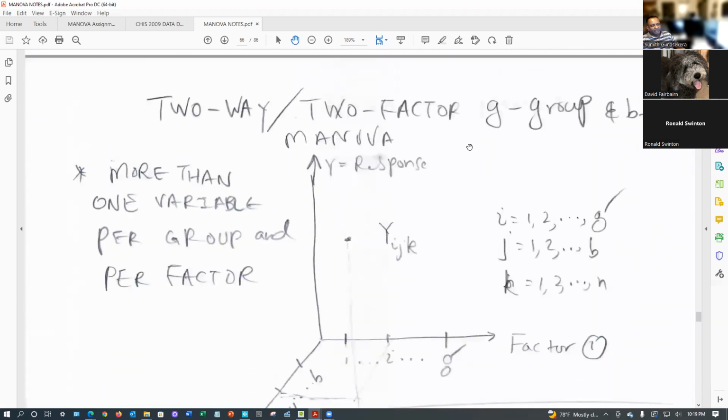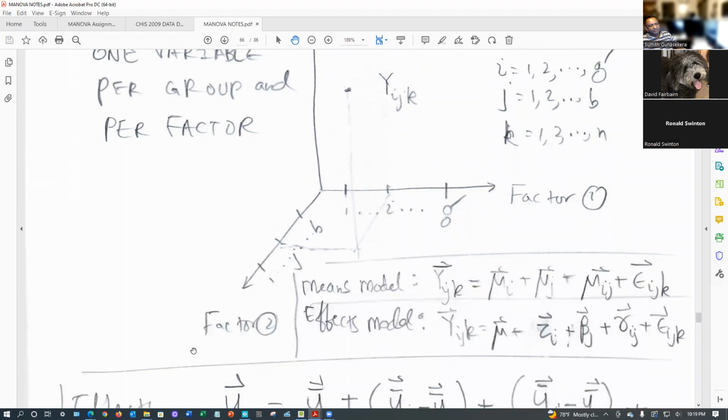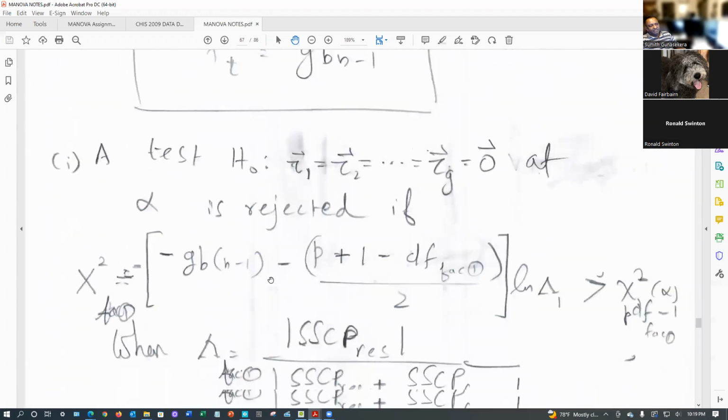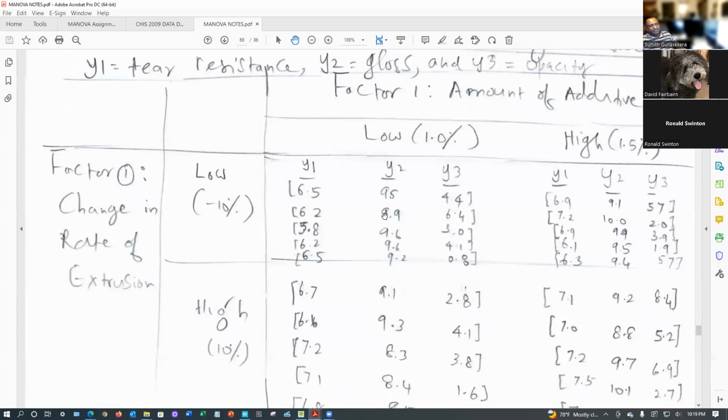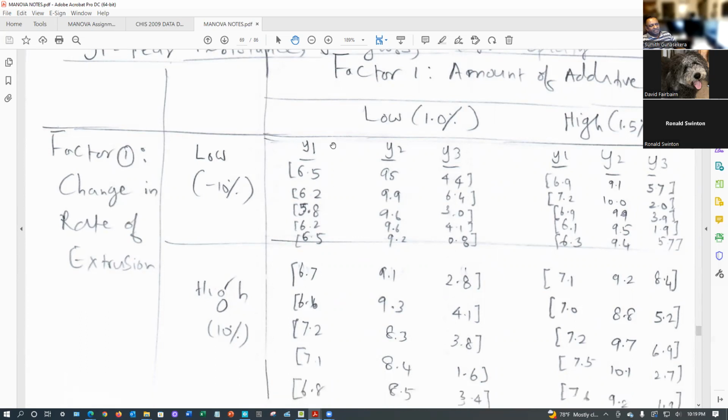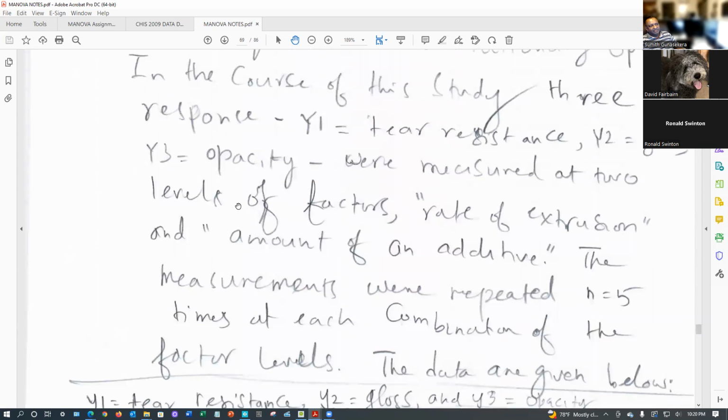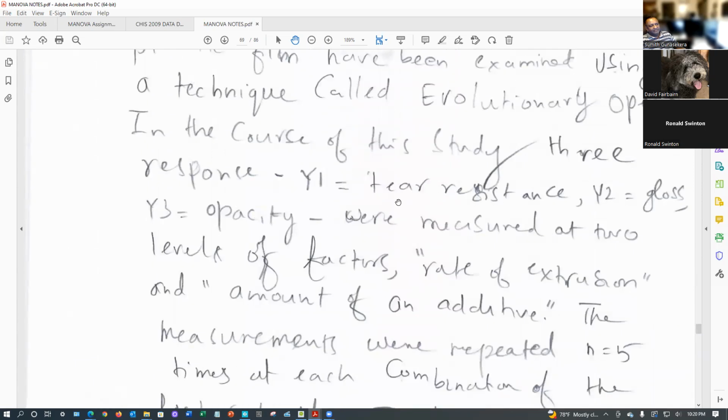When you come to the multivariate one, called a two-way MANOVA, this side you have a G group, this side a B group. Here's an example: one factor is the amount of additive, and the other, factor 2, is the changing rate of extrusion. Each has several variables, 3 variables taken into account: tear resistance, gloss and opacity.